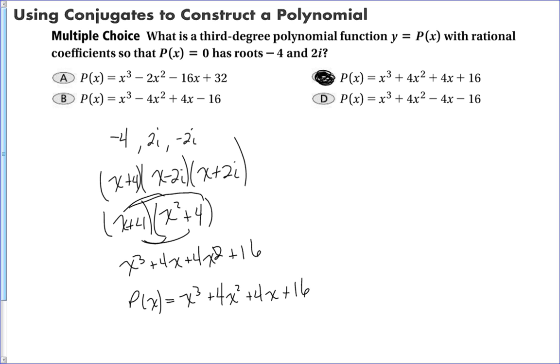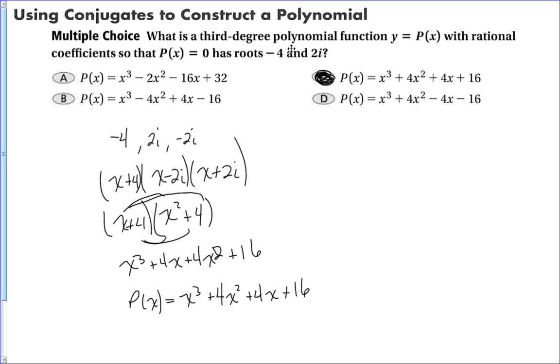All right. So when you're using conjugates to write a polynomial, don't forget that anytime you have a root that has a square root in it or an imaginary term i in it, if you're not given the root and its conjugate, you have to remember to write in its conjugate before you try to write your polynomial.